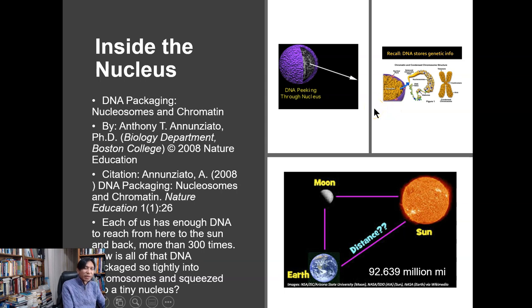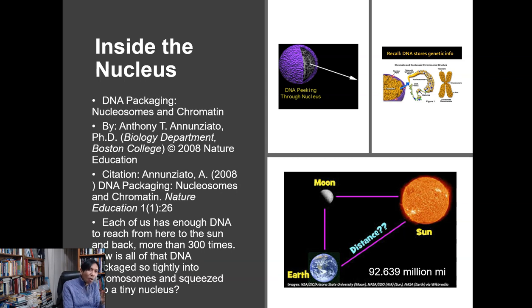You all know that each cell of the human body has 46 chromosomes. Scientists say that if you take out the DNA from one human cell, it would be about 6 feet tall, or 2 meters. You can imagine that our body is made up of trillions of cells.